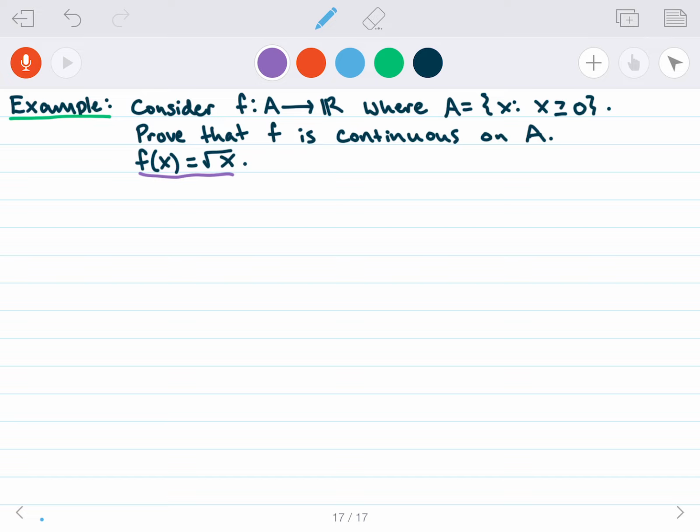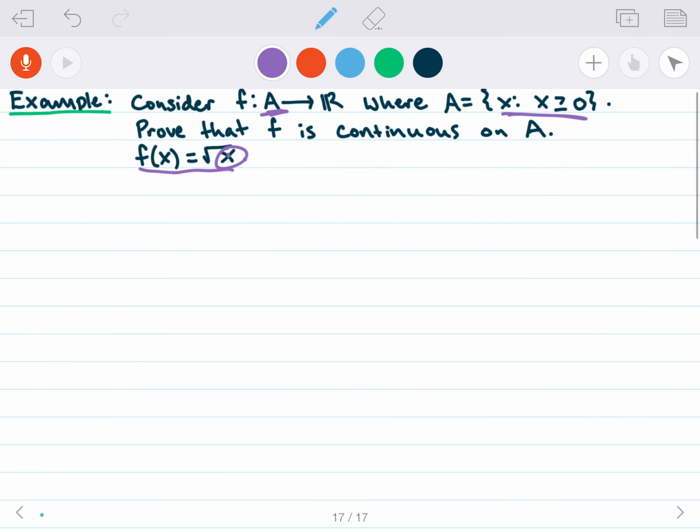And so we are considering inputting values. Okay, this is our domain here. We're inputting things that are positive or 0. Okay, we don't want to ever put a negative number in the, I'm sorry, in the square root.